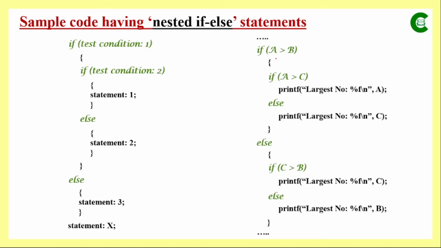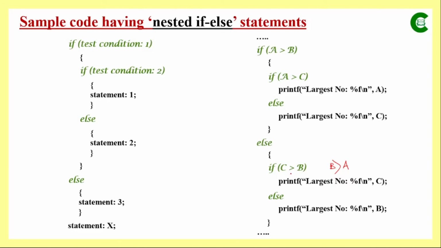That means B is greater than A. So keeping that in mind, now we will be checking whether C is greater than B or not. B is greater than A, and now we are checking whether C is greater than B. If that condition is true, that means C is greater than B as well as A. That means the largest number is C, and accordingly we are printing it here.